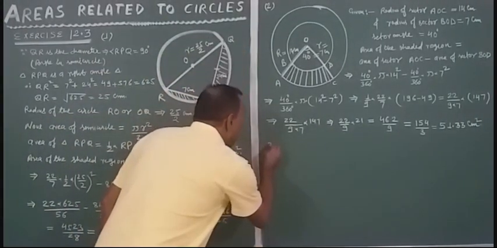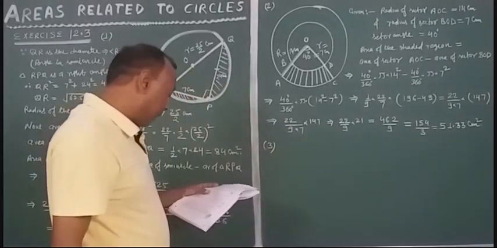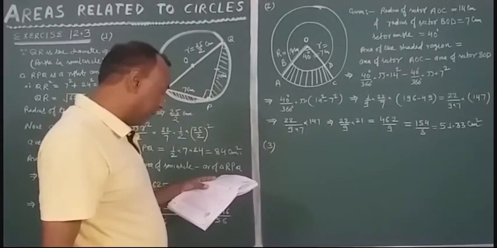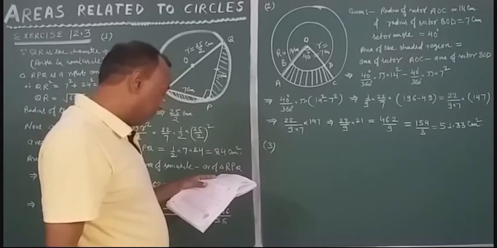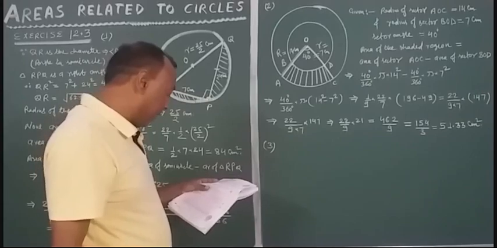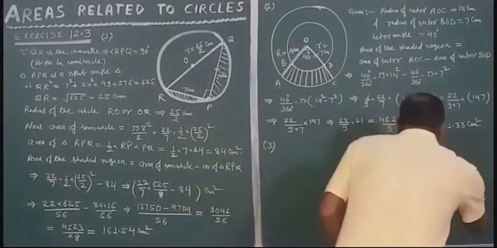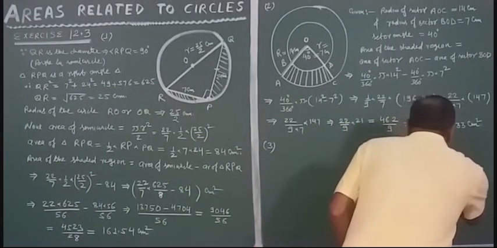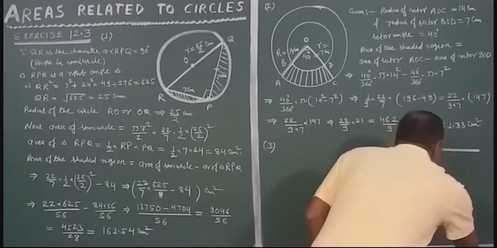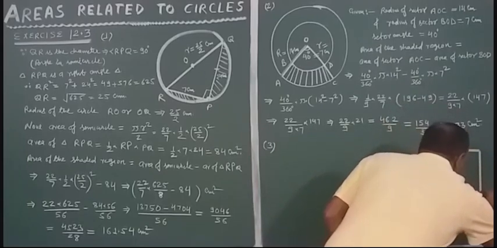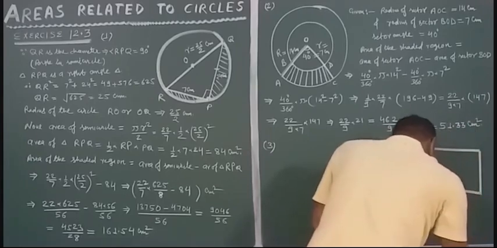Now this is question number 3. Find the area of the shaded region in the given figure if ABCD is a square of side 14 centimeter and APD and BPC are semicircles. This is the square.